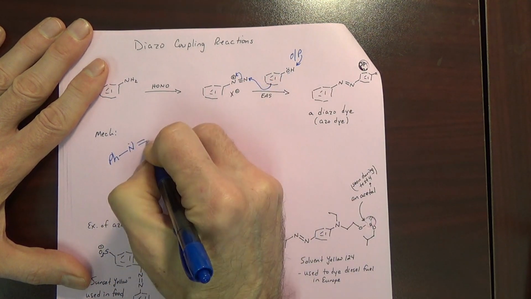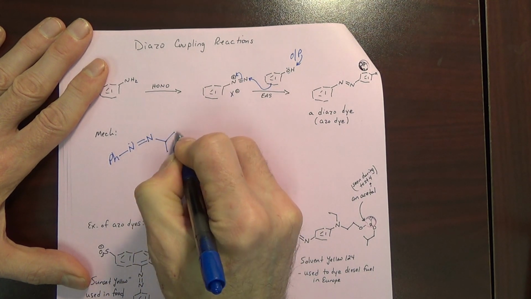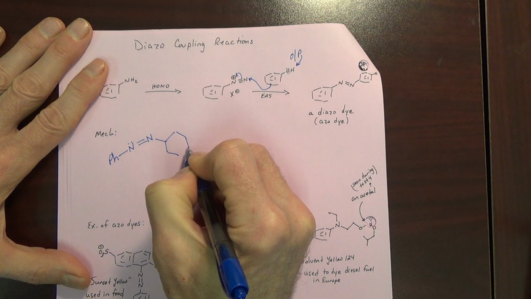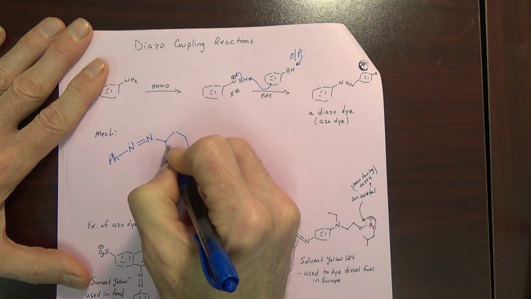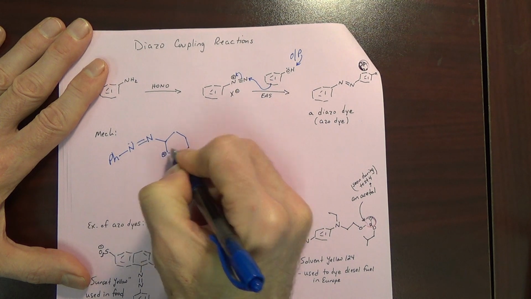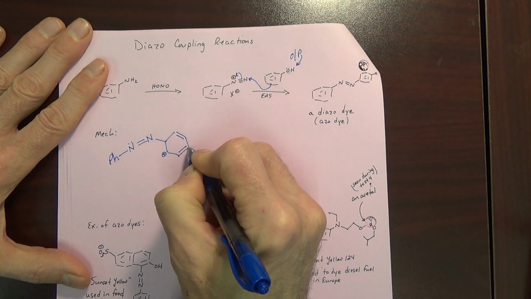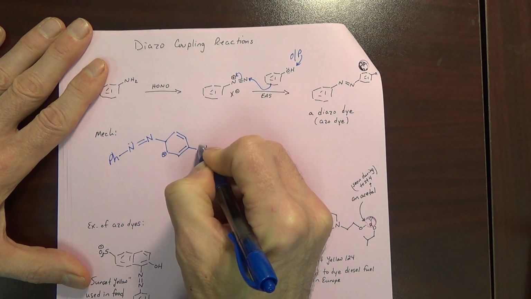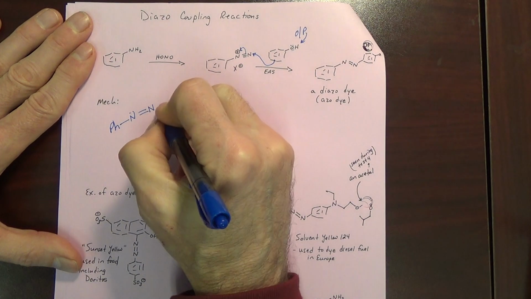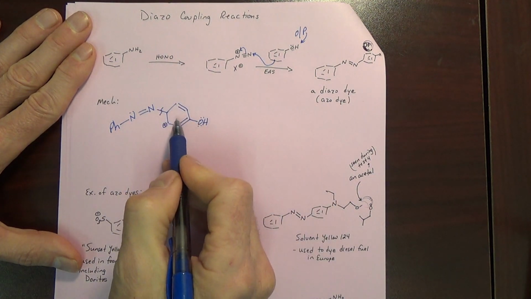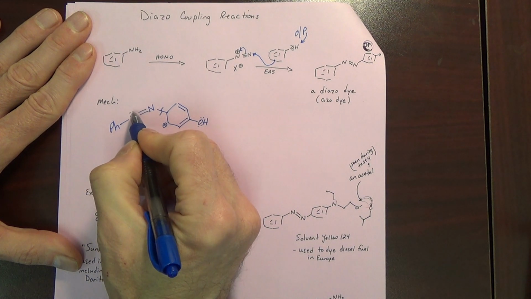Lone pair here, nitrogen, and now we have, I used a pi bond there, so I'm going to leave plus here. There would be a pi bond here and here. This is where our phenol just attacked the terminal nitrogen, move the pi bond back here to become a lone pair.